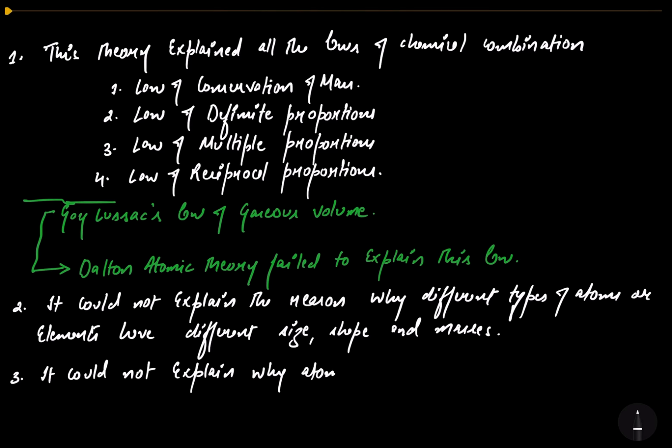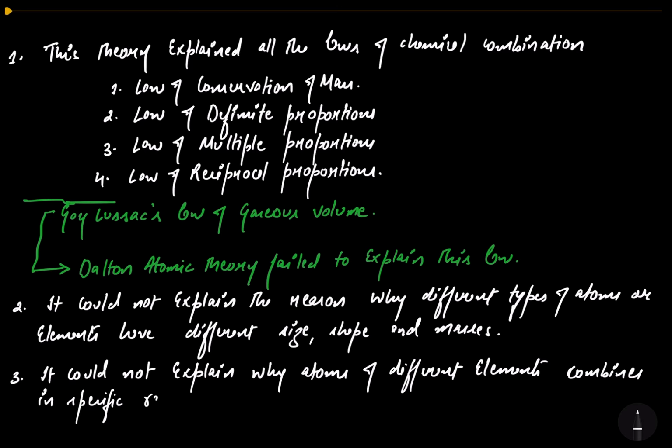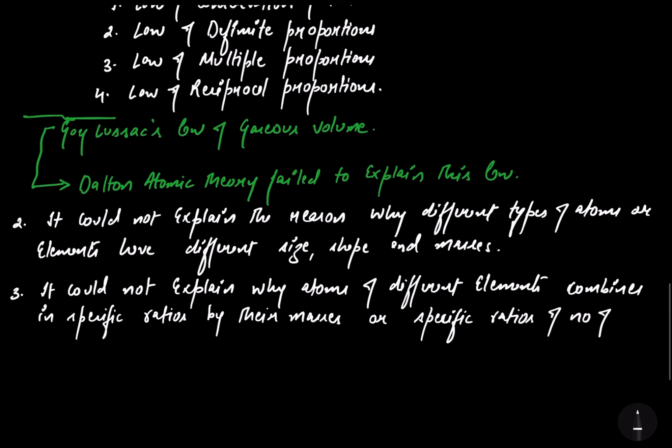why atoms of different elements combine in specific ratios by their masses or specific ratios of number of atoms per molecule.